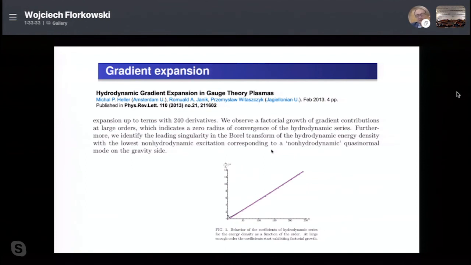They have sectors which are non-hydrodynamic, and they cannot be described by a series expansion. Like in field theory, you have instantons, tunneling processes, and they cannot be described by perturbation theory. So the series is usually asymptotic in QED because it cannot describe all physics.